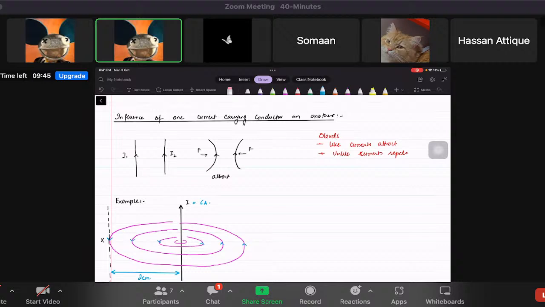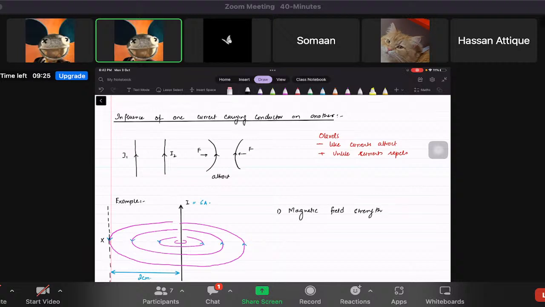Now the first thing I would like to know is the magnetic field strength. Usually in the exam they're going to give you the equation themselves. I'm going to show you the question soon.